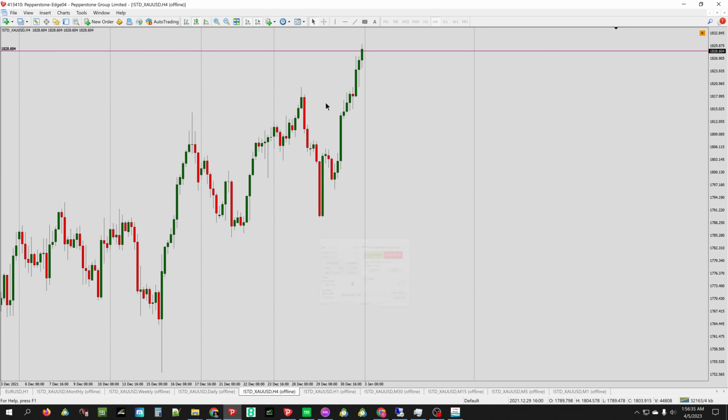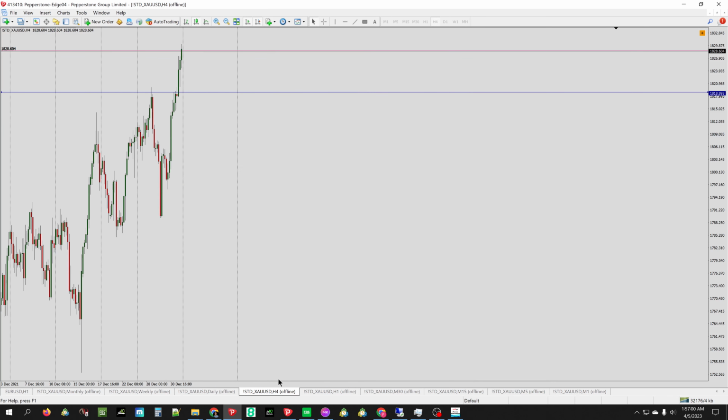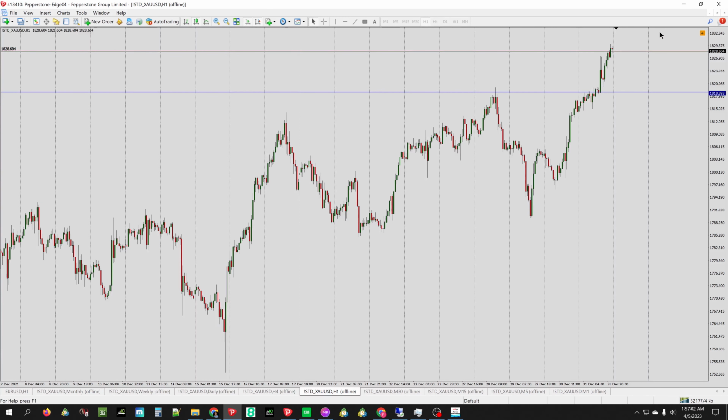And if I look at the 4 hour time frame, I can see that we created a resistance at the 1818 level and then we started to move above that resistance. So this is the information in the 4 hour time frame, and if I look at the 1 hour time frame, I can see more information.